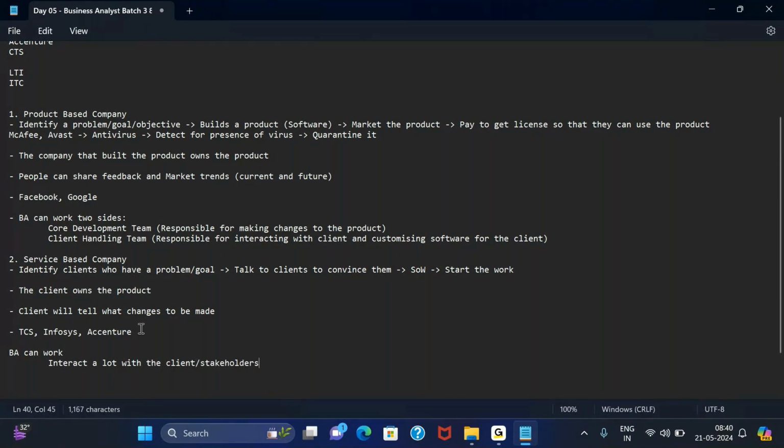We interact with them a lot because they are our only input to what changes are needed in the software. Because there are plenty of interactions, when you work in a service based company, one of the things that should normally come to you is communication skills.